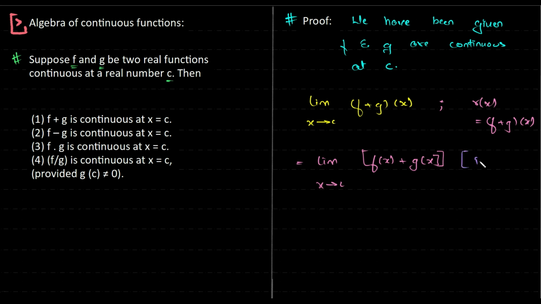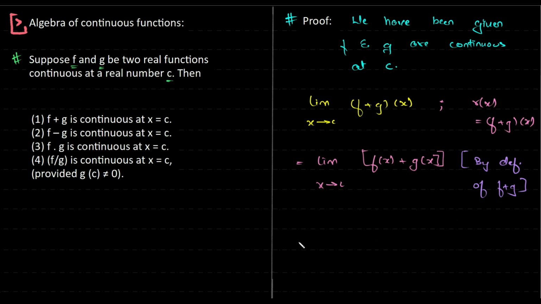Now, this is by definition of f plus g. Agree? Again, remember, this is just a way of representing r of x. So as per that, r of x is the combination of these two. That's what we are telling.